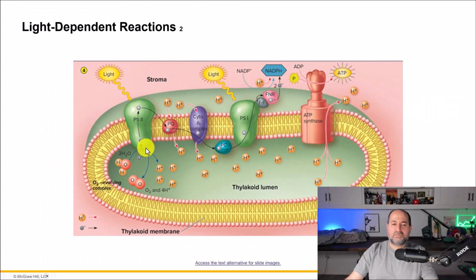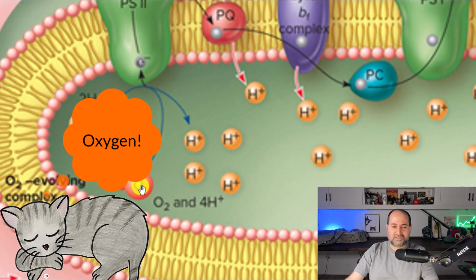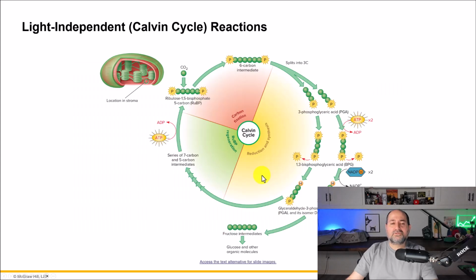And what are the three products? ATP, NADPH, and what was the third one? That's right, oxygen for us to breathe, of course, as a byproduct. So know the ins and outs of the light-dependent reactions, and then also the ins and outs of the Calvin cycle.